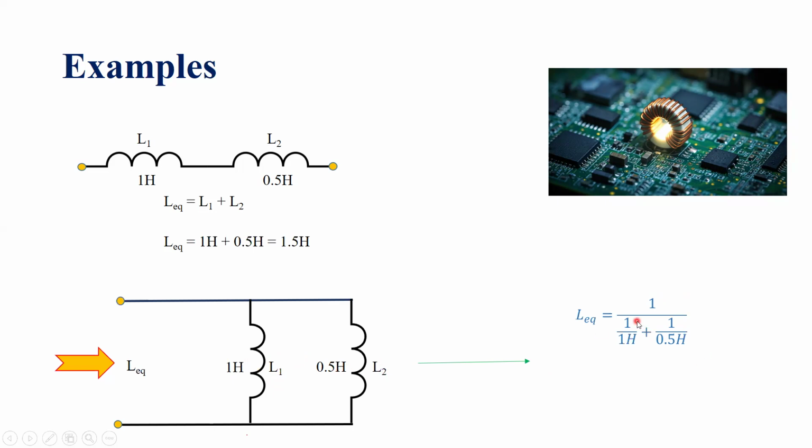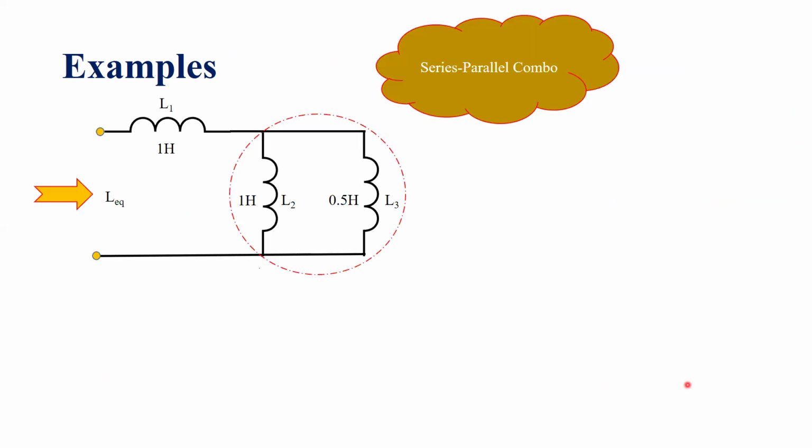So we write 1 divided by 1 over 1 Henry, which is L1, plus 1 divided by 0.5 Henry, which is L2. By plugging in those values, L equivalent is equal to 1 over 1 Henry plus 2 Henry, that is 0.33 Henry.